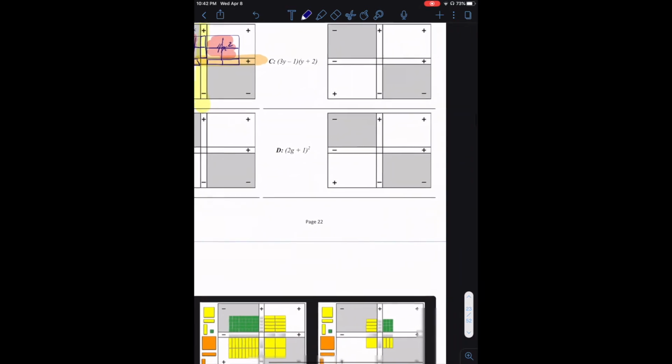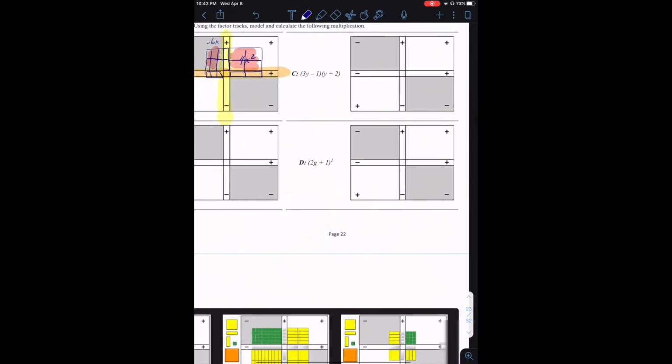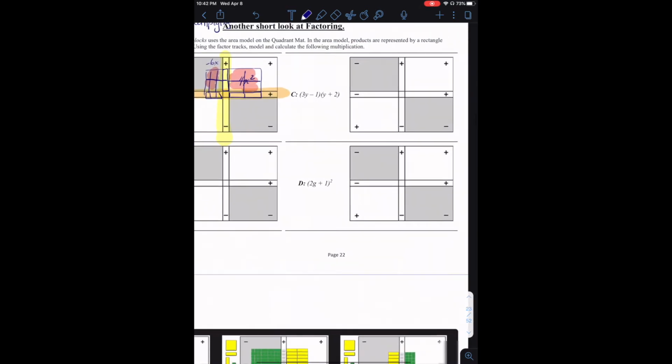Let's take a look at this one, D, for example. If we have 2g plus 1 times 2g plus 1, we will see that we have 2g and 1, and 2g and 1.